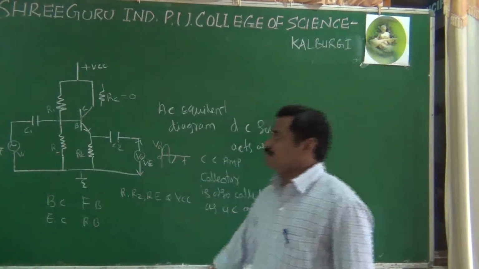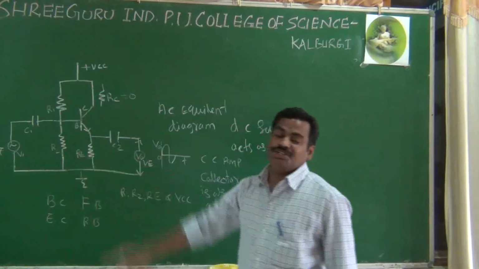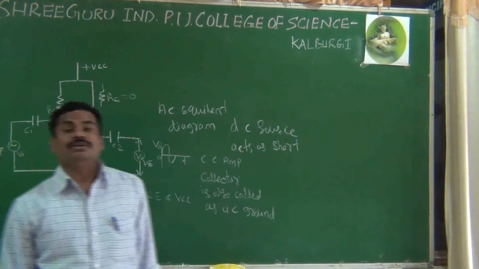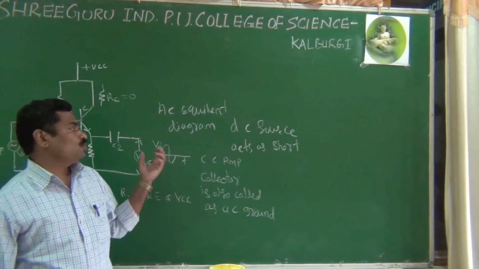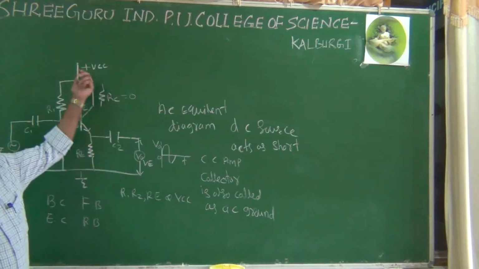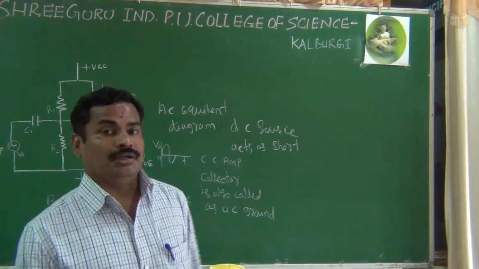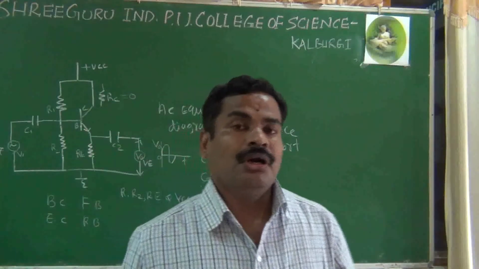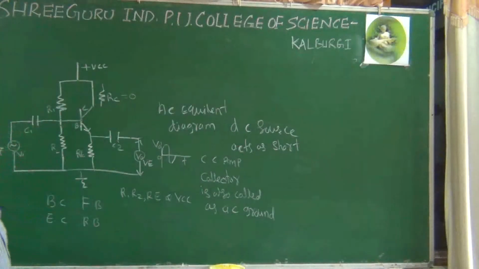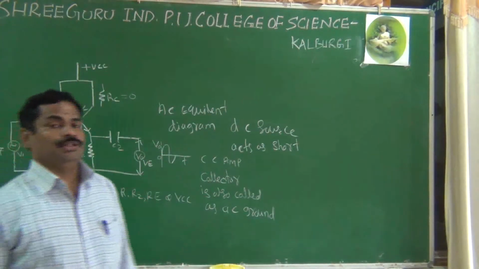For the DC signals, your VCC acts as biasing, and for the AC signal it acts as a short circuit, because while drawing the AC equivalent circuit the DC source acts as a short circuit, and that acts as a ground. And also another important reason is that here you are applying the common signal, as it may be the positive VCC or it may be the ground.